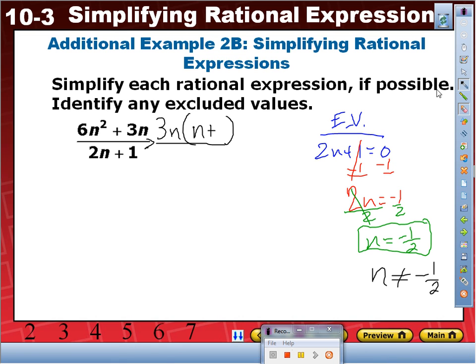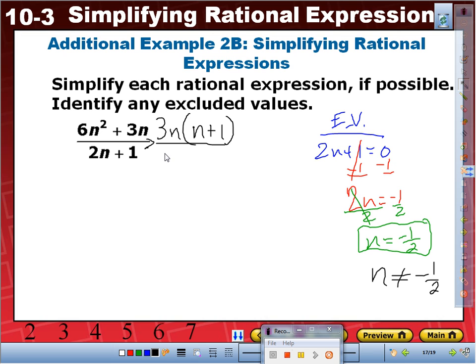N plus 1. Is that correct? What's the GCF for this one? Do we have any? Did I make a mistake? Let's see. Oh, this is 2n, my bad. 2n plus 1. Thank you. For this one, 2n plus 1.